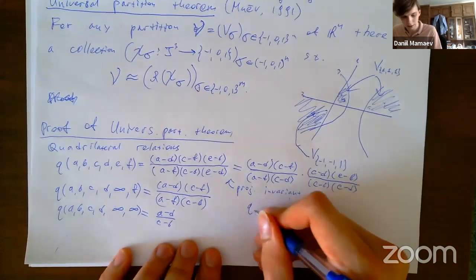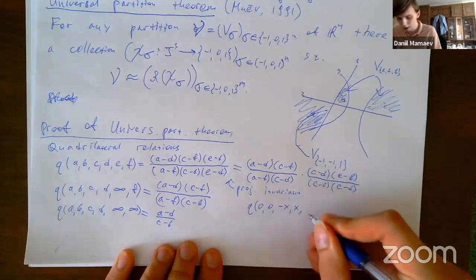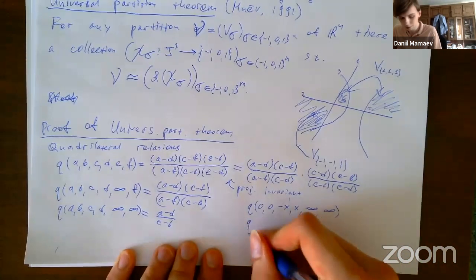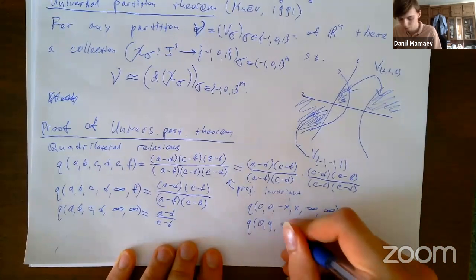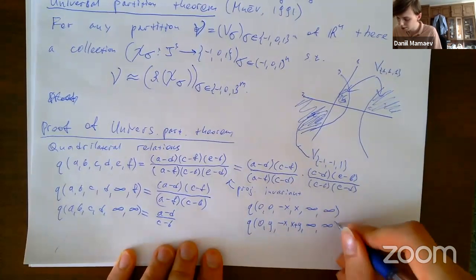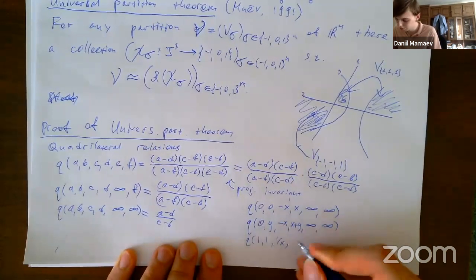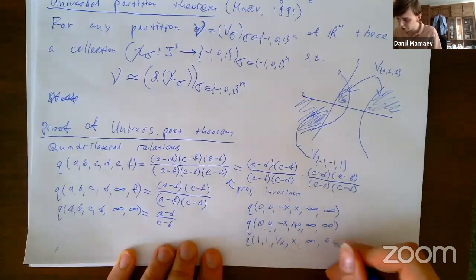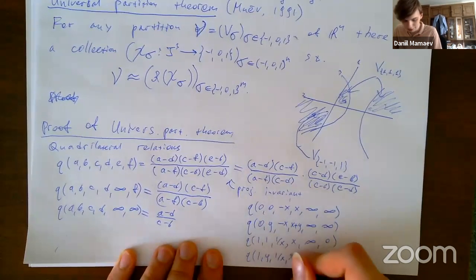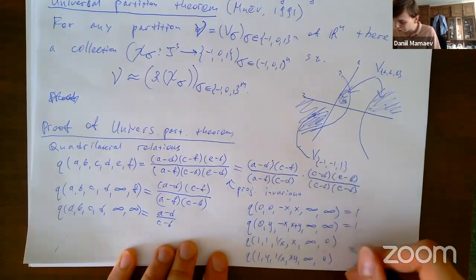Namely, one can easily compute that if you take this thing, or this thing, or this thing, then they are all equal to 1.